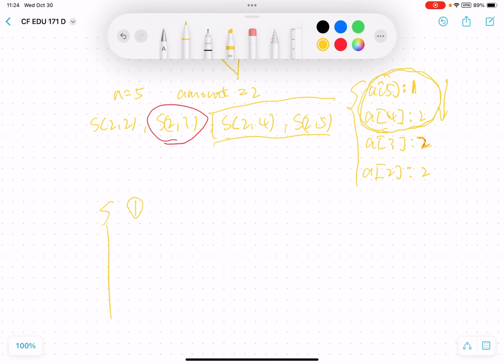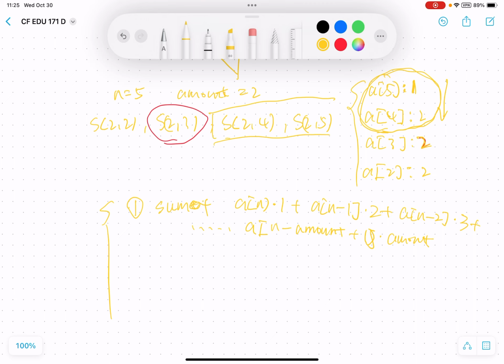So it will be the sum of An multiply 1 plus An minus 1 multiply 2 plus An minus 2 multiply 3 plus until An minus amount plus 1 multiply amount.